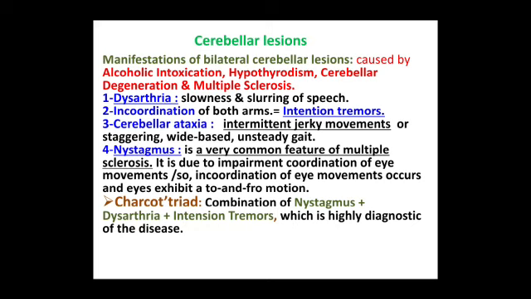So this is a very common feature in multiple sclerosis. You are going to find impairment of coordination of eye movements, or eyes exhibit rapid to and fro movements. So Charcot's triad is a combination of nystagmus, dysarthria and intention tremor. It is highly diagnostic of this disease.